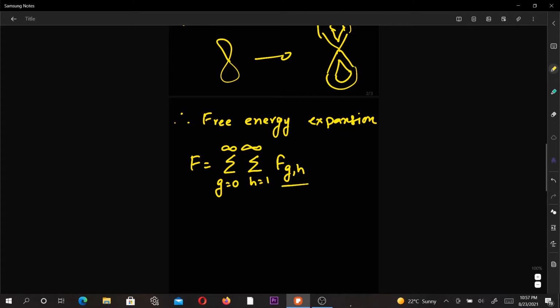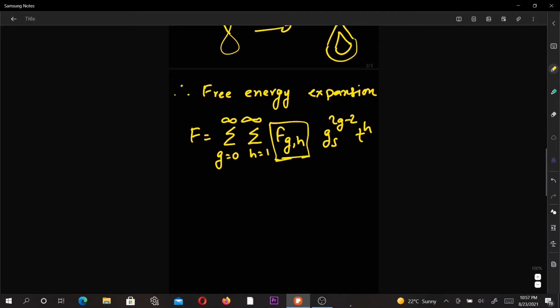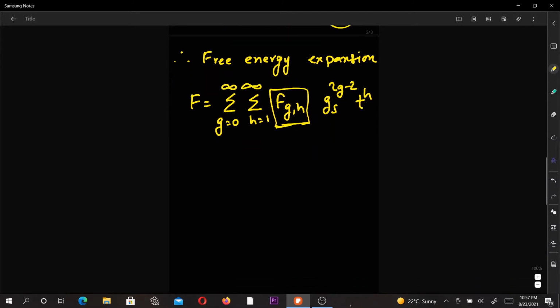This is just the coefficient, and it is weighted by the two expansion parameters. That is the sum, the sums we are doing. It's a sum over H and it's a sum over G, the genus, and this is just a coefficient. And if you want a physical idea of what this is, it generates the symmetries.